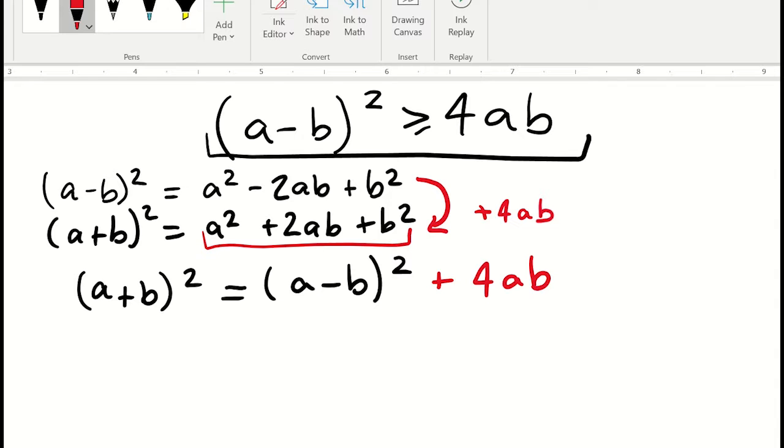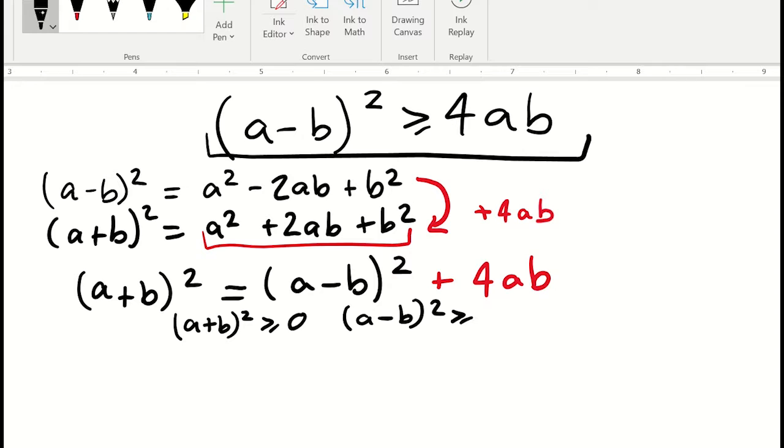Now, I know that (a plus b) all squared is bigger than or equal to 0. I also know that (a minus b) all squared is bigger than or equal to 0.